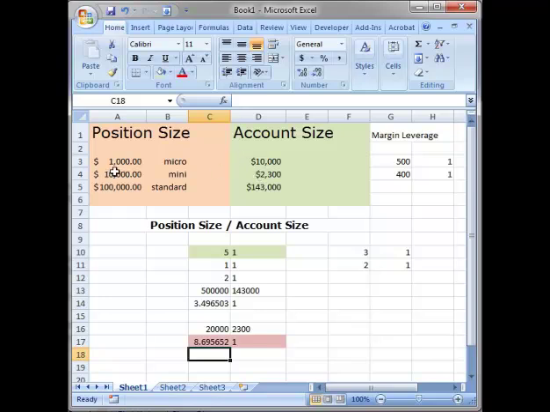If I place 2 minis, then I'm okay. If I place 10 minis, then I'm up the creek without a paddle. There are different times when we want to use different leverage, and you don't want to exceed the max, and you don't want to always play the minimum, but you have to be able to survive, and that's what we're doing here, talking about leverage today.